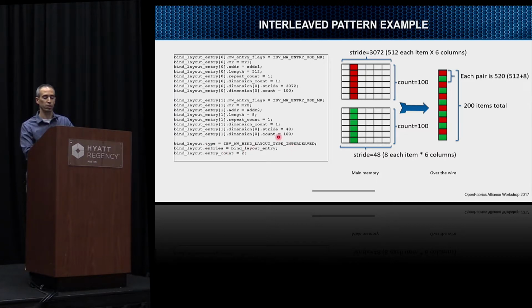So this defines that the objects of each entry would be interleaved. And we have 2 entries in this case. So we can see here that the output would be a contiguous memory of interleaved objects, one from the first matrix and the second one from the second matrix.